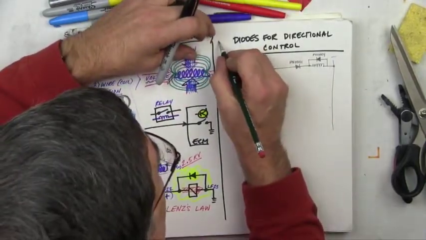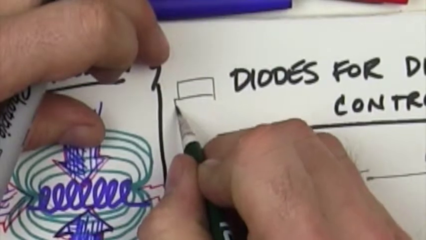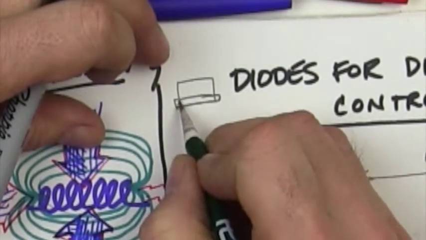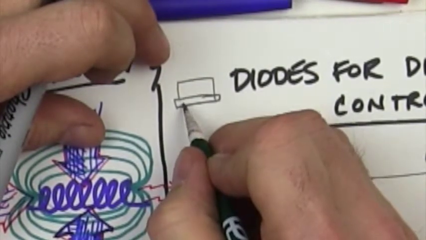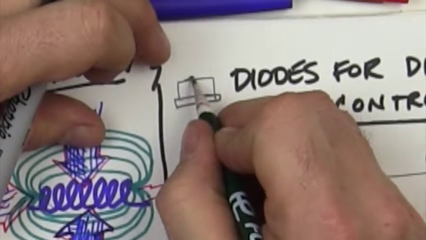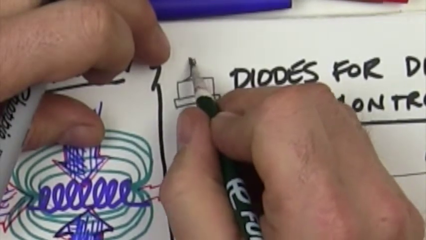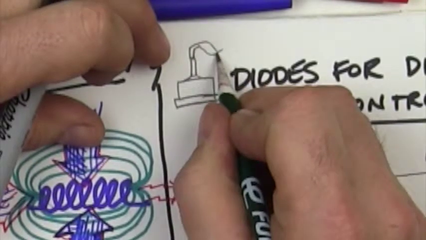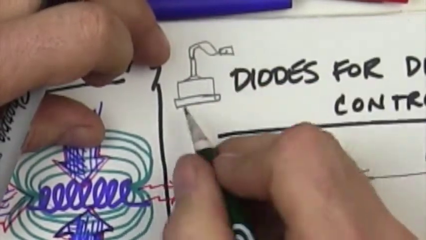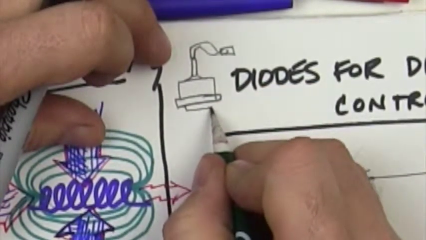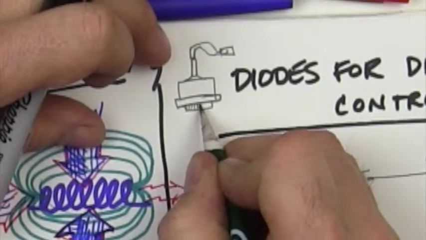So when you have the diodes in the alternators, if any of you guys are doing the alternator rebuilding, some of you do alternator rebuilding, some of you don't. Just depends on what you're doing.